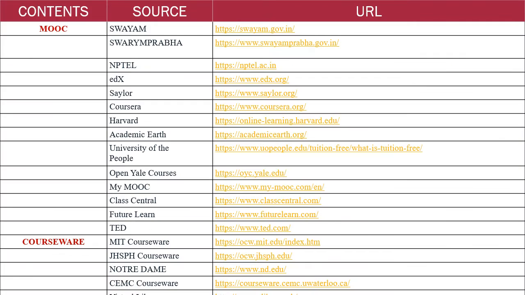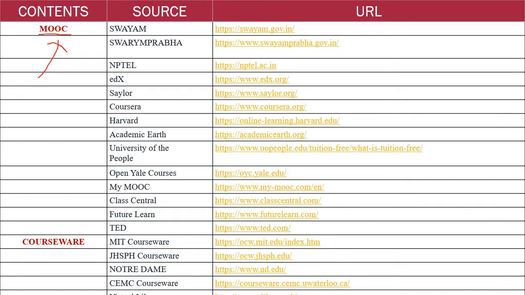Next, we have a few more links, but now we have some of the MOOC sources. We have MOOC accreditation. The courses that are MOOC accredited are said to have larger importance because MOOC is basically massive open online courses.